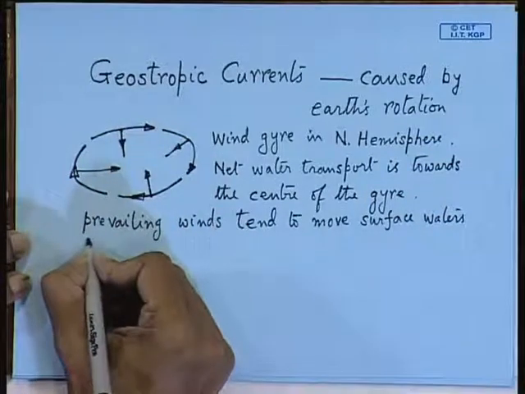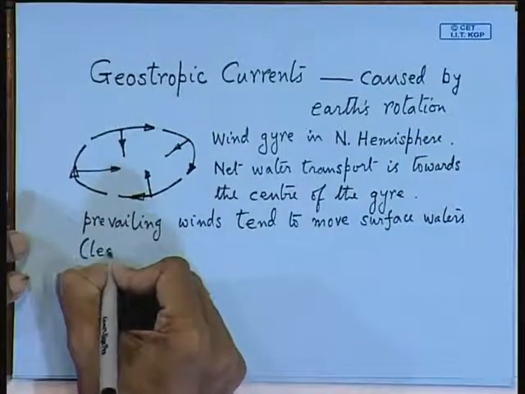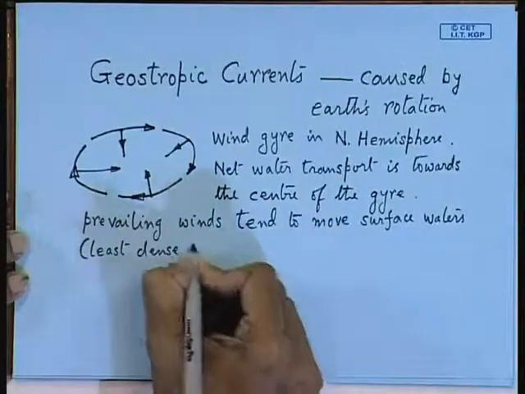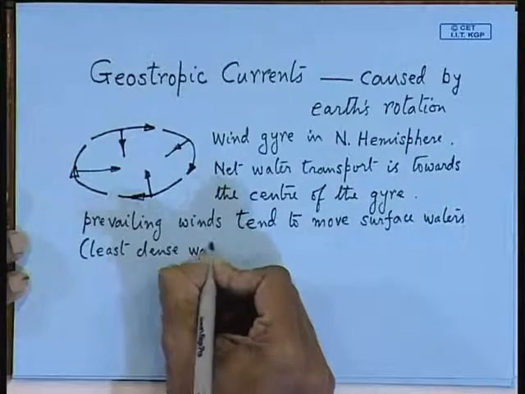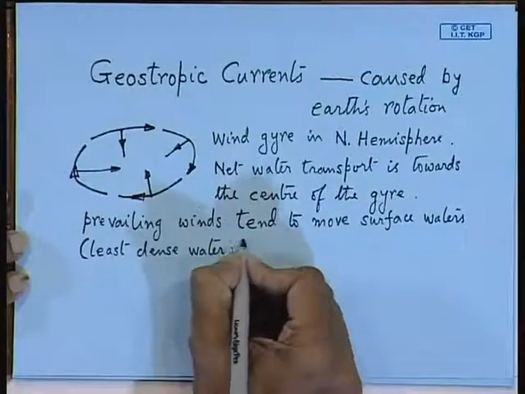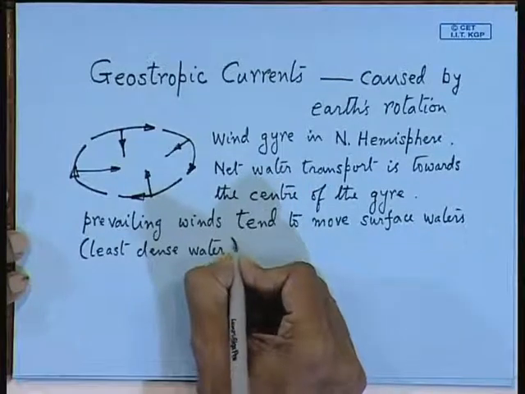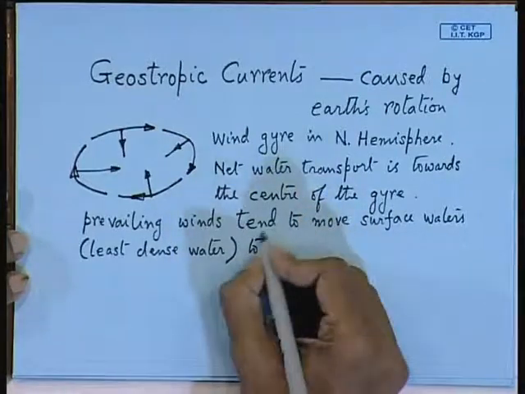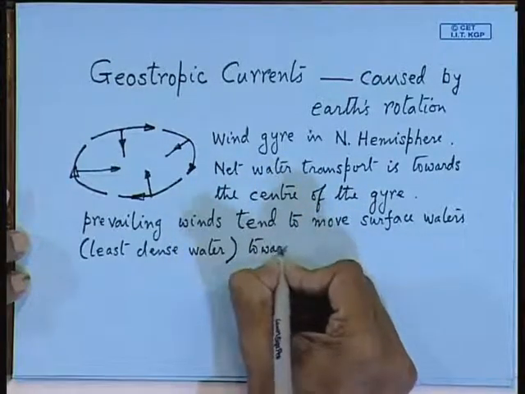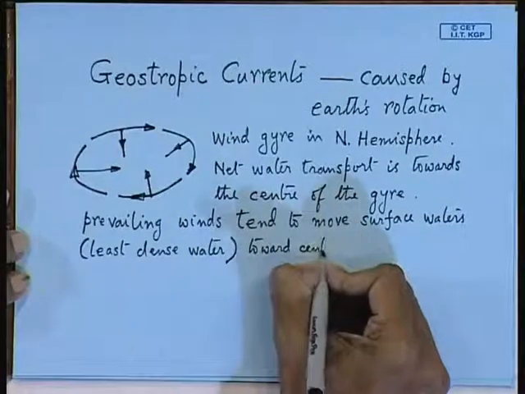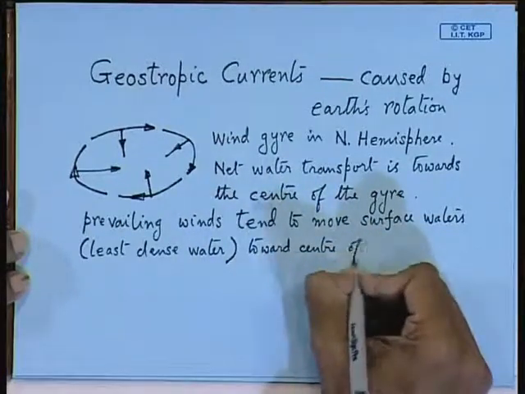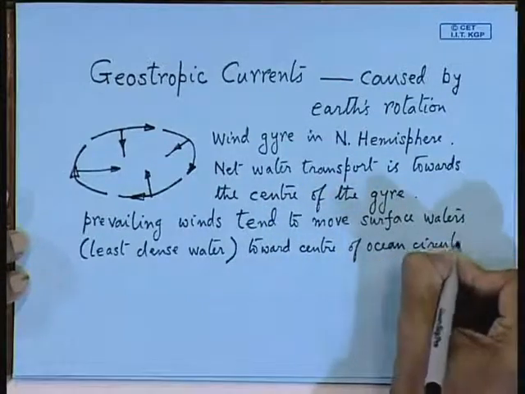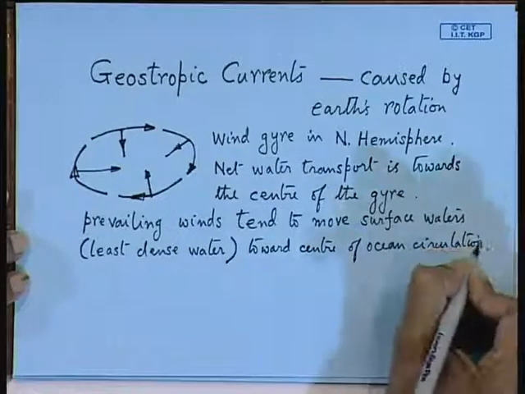Now, it will move only the least dense water. Surface water is least dense, that is the density is minimum. If you go deeper down, then the water increases in density. So, the least dense waters towards center of ocean or center of the gyre that I have told. Center of ocean circulation. So, this is what is happening.